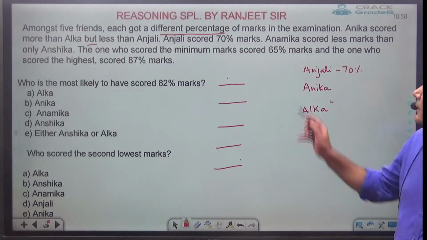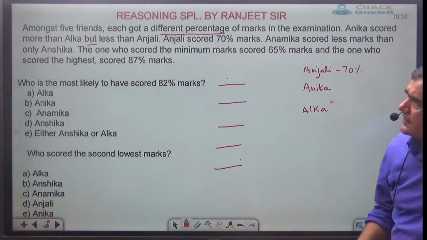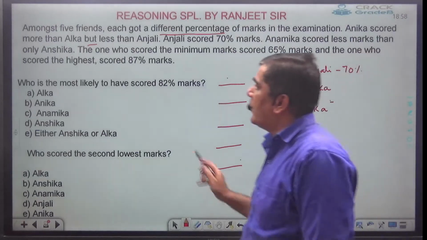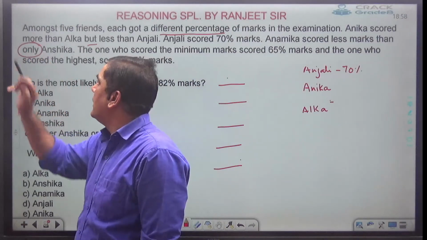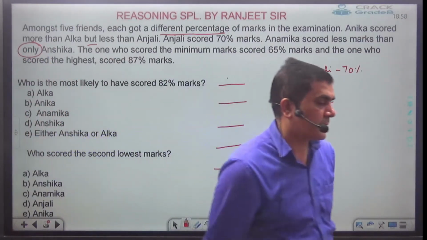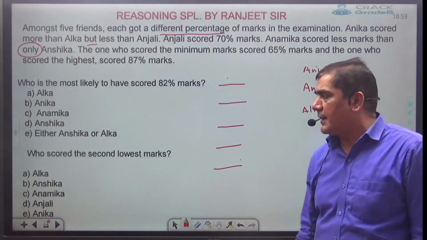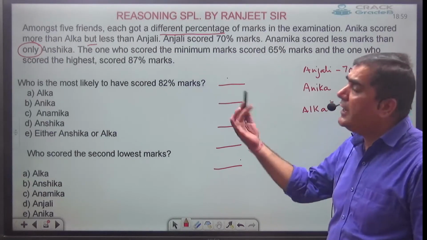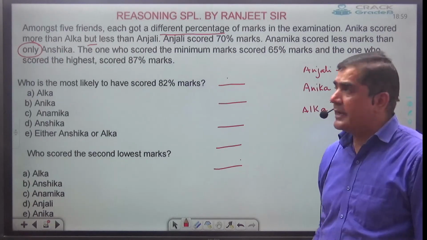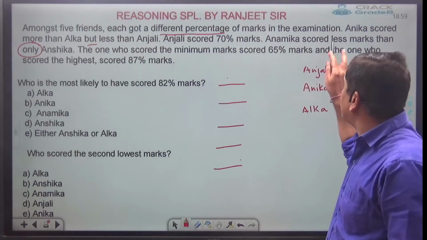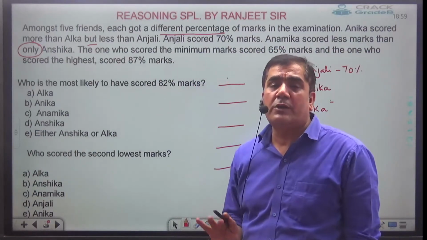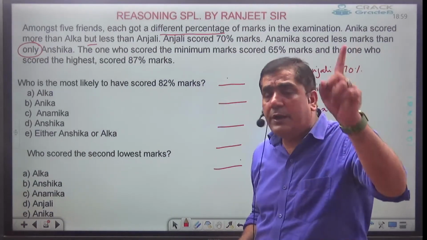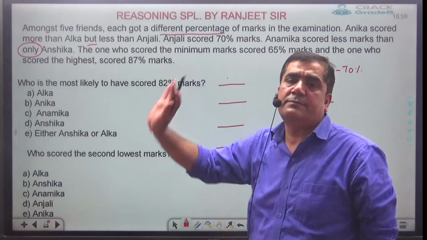Next one. Anamika scored less marks than only Anshika. They have used the word only. It clearly means above Anamika there will be only one girl and that will be Anshika.